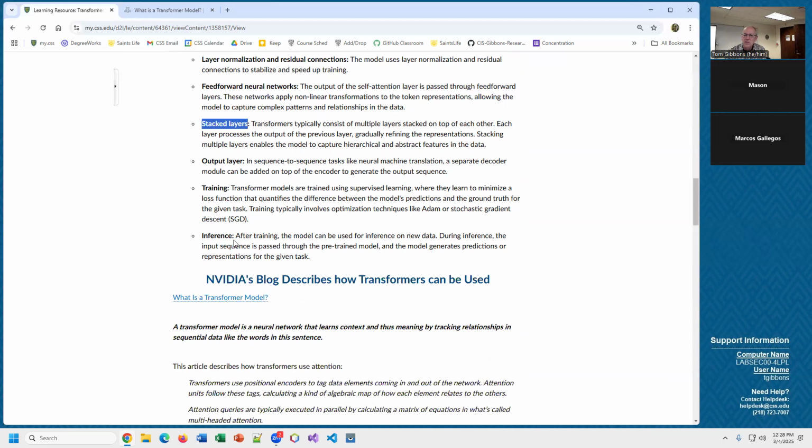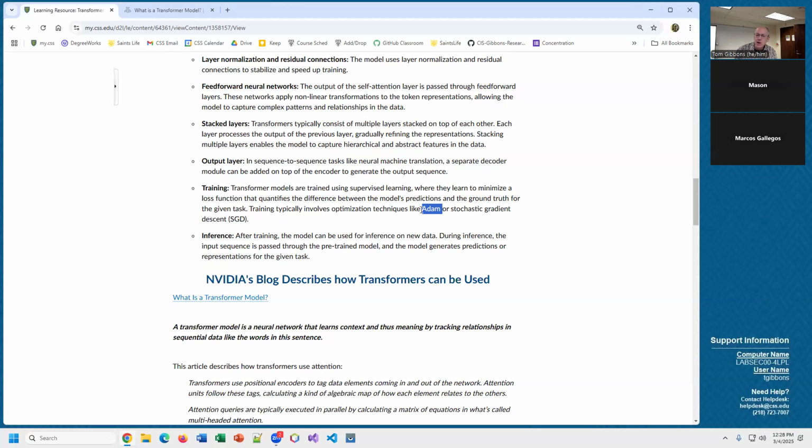Their training is typical. They use something called Adam. This is the same sort we use when we've been training convolutional neural networks. So the way we train things is with back propagation, changing weights. We'd give it some input, see what output was predicted, then see if it matched the output we thought it should have.